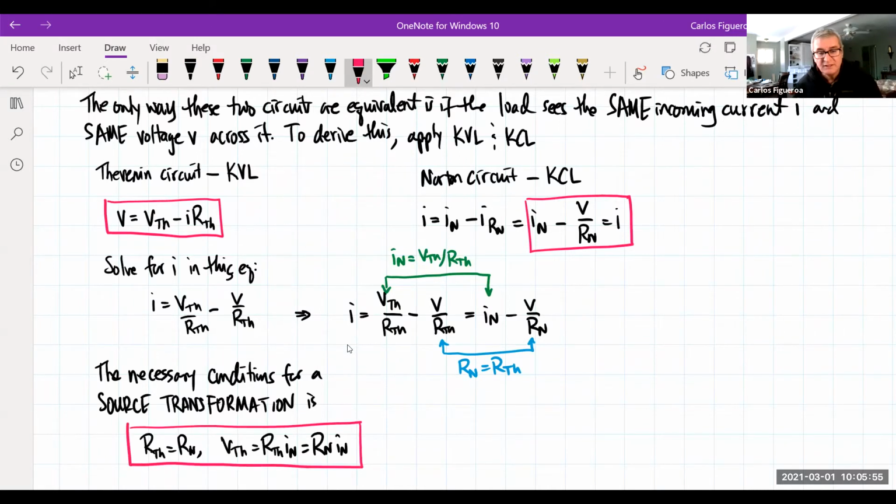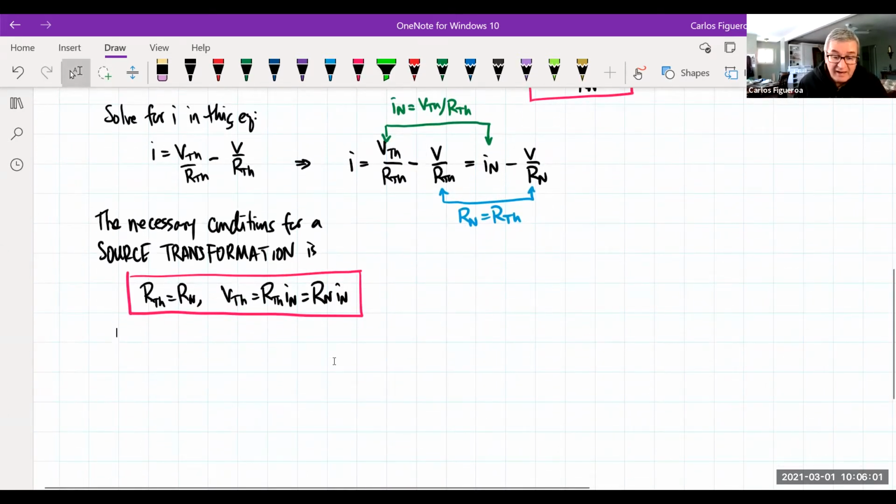So as long as I do that, then there's no problem. In other words, I have a Thevenin-Norton source transformation.